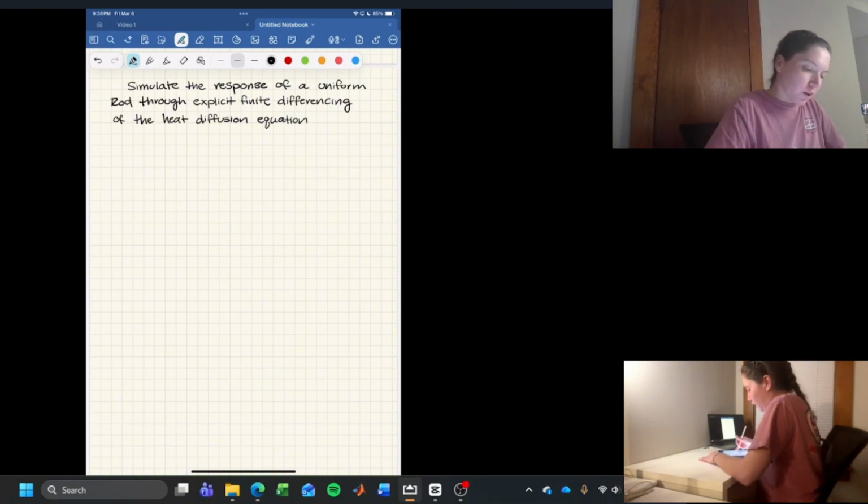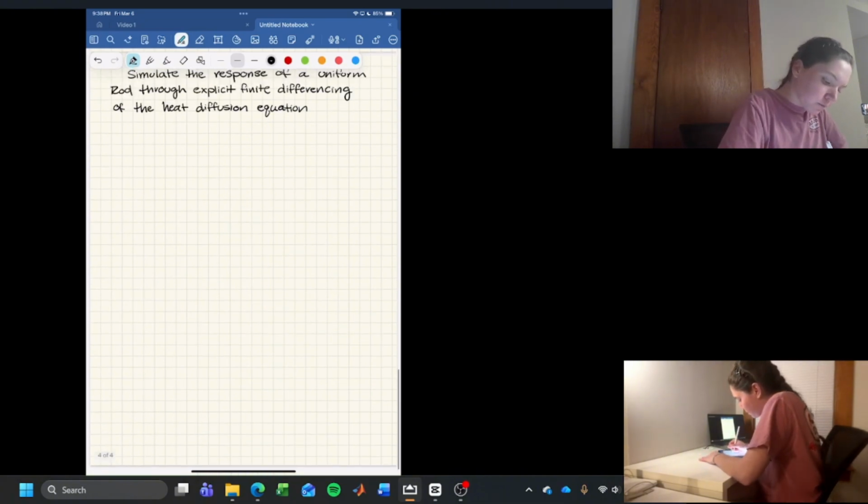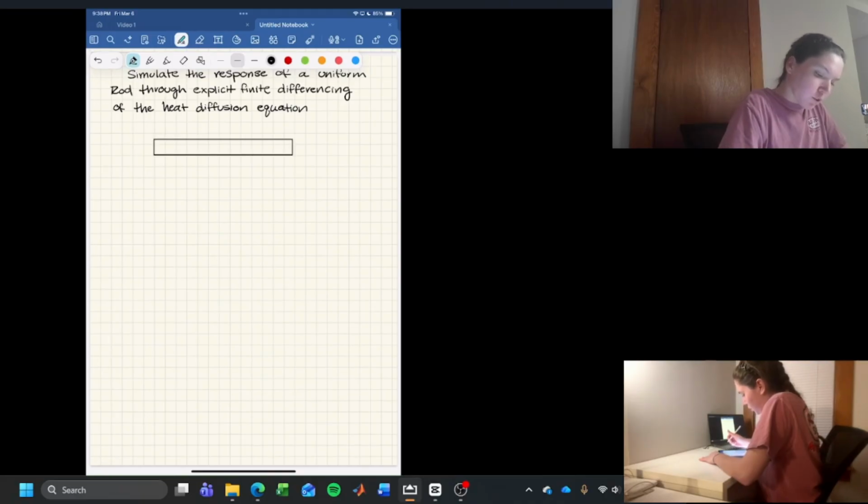So we can start by drawing another rod. And we're going to break this up into sections similar to the last time. And let's just assume that these are all the same size. So we can say that the length of each of these is delta x.